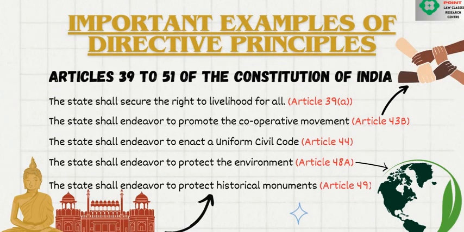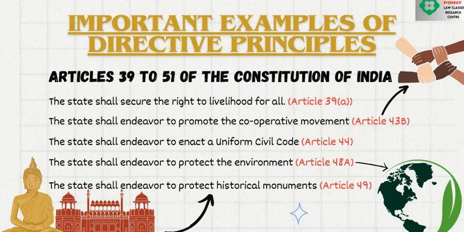In this slide, we shall look at some of the important examples of the DPSPs or the directive principles. The directive principles are found in Articles 39 to 51 of the Indian Constitution.